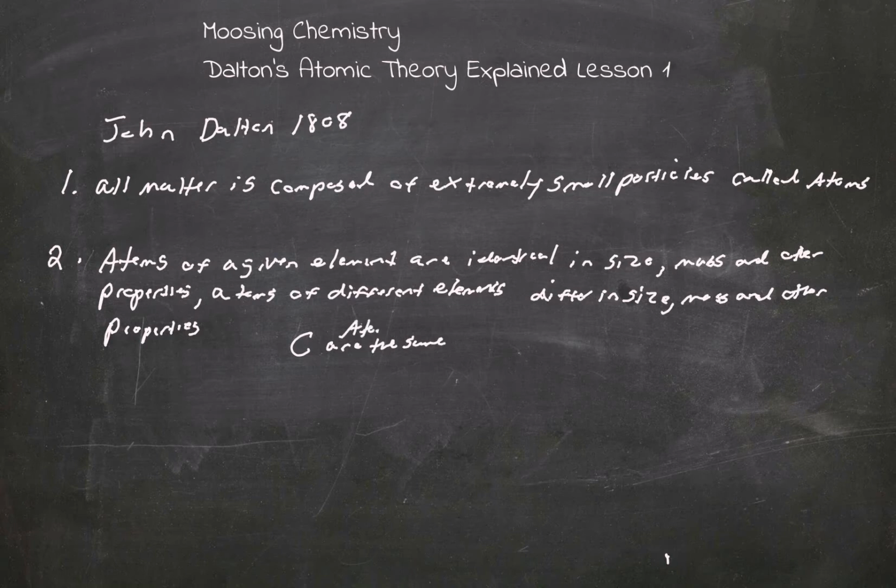All silver atoms are the same. But carbon atoms are not the same as silver atoms, and they differ in size, color, mass, and other physical properties.